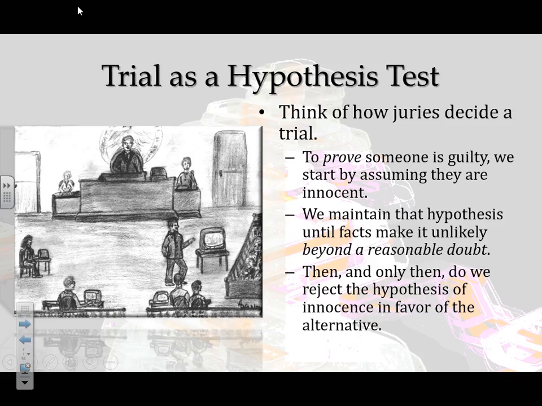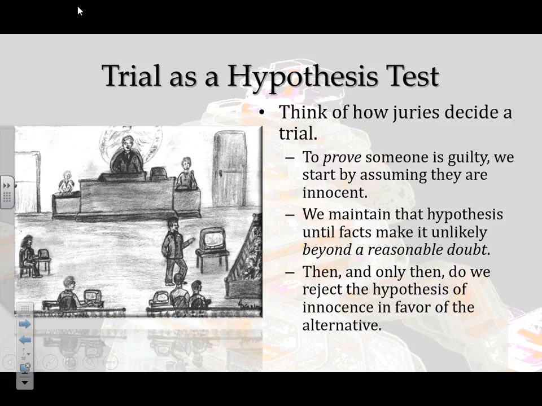if we want to prove someone guilty, so anytime you go to court, for whatever reason, the jury is always instructed to assume what? That you're innocent. Okay? You're innocent until the prosecution proves you're guilty, right? So the assumption is the person, the defendant, is innocent unless we have enough proof to say that they're guilty.